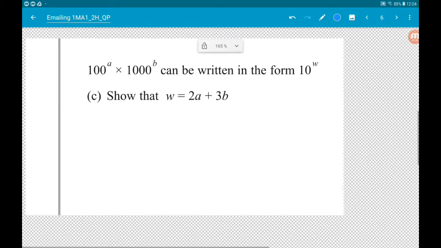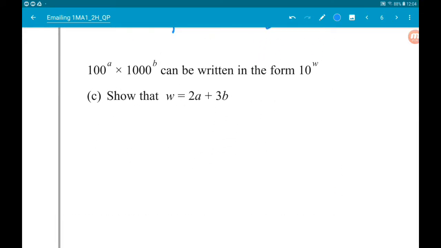Okay, then for part C, 100 to the power of A times 1000 to the power of B can be written in the form 10 to the power of W. We want to show that W is 2A add 3B.